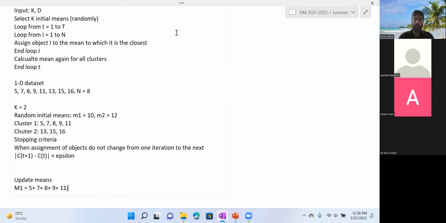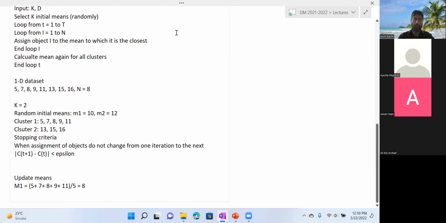How many points do we have here? I think 5, right? So the new mean is 8. ठीक है, we have updated the mean.